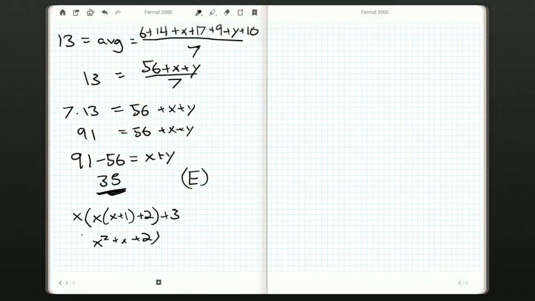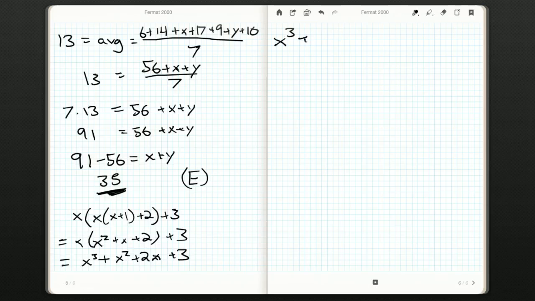So we've simplified the inner bracket. Okay. And now x times x squared, well, that's x cubed, times x, that's x squared, then plus 2x, and then plus 3. So now we've simplified the left-hand side into a polynomial.